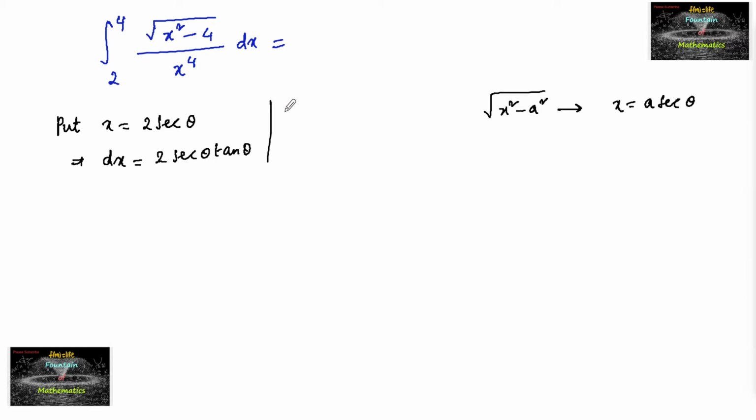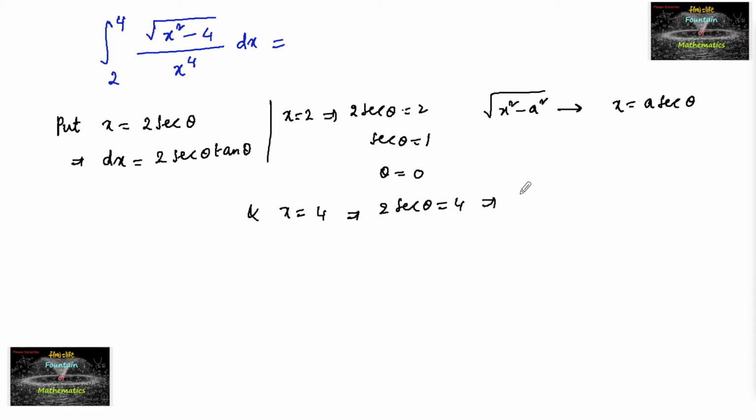Also when x is equal to 2, which implies 2 times secant theta is equal to 2, that is secant theta is equal to 1, so we can consider theta is equal to 0. And when x is equal to 4, which implies 2 secant theta is equal to 4, that is secant theta is equal to 2.